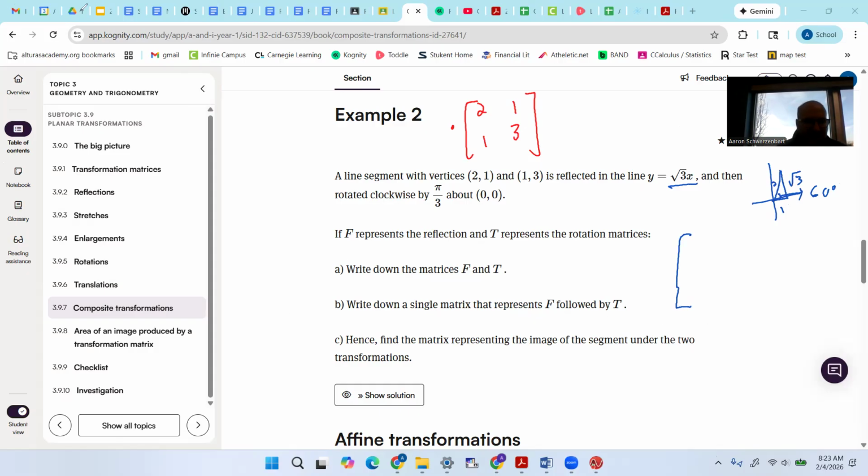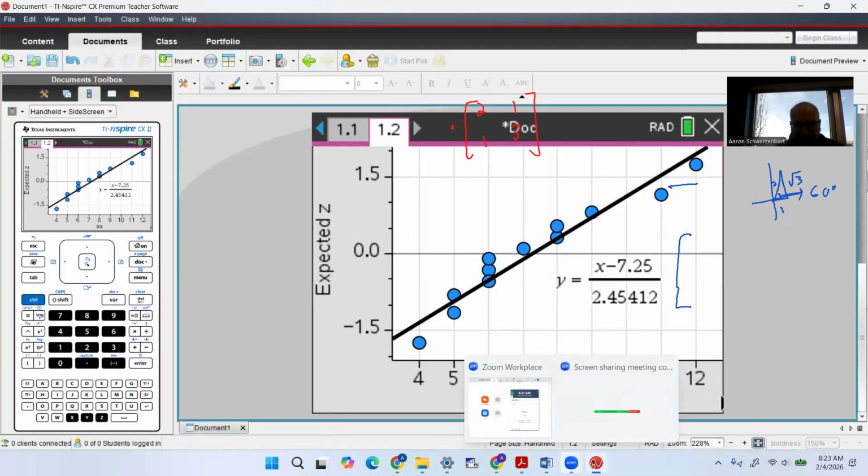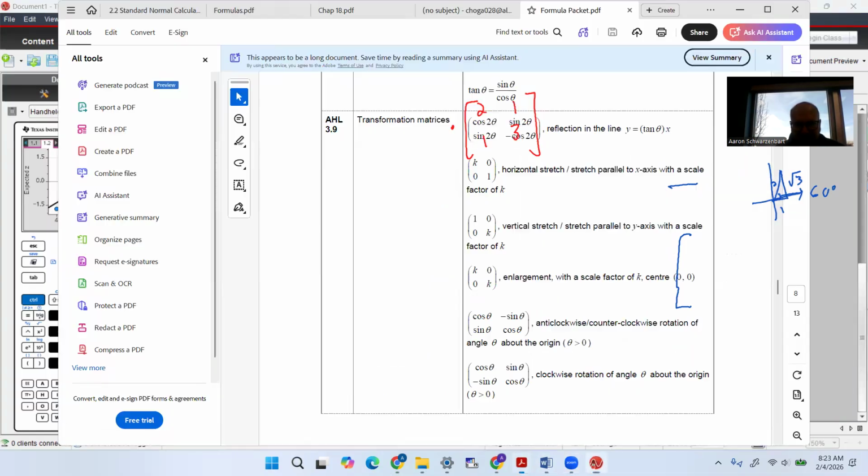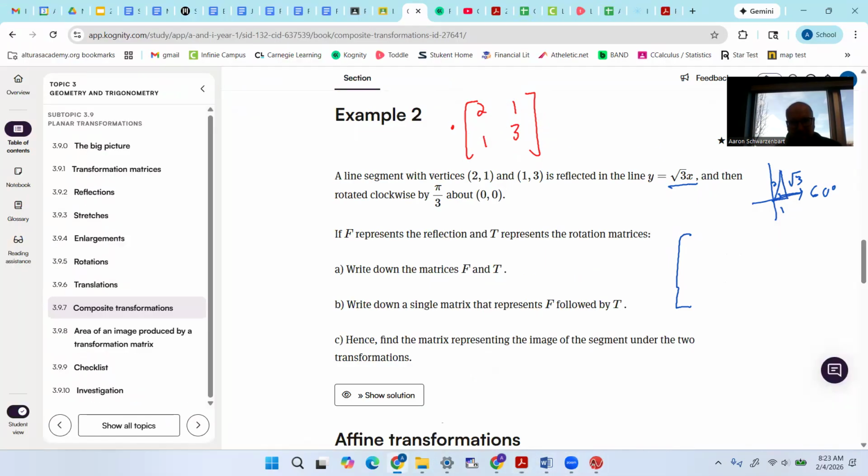I'm going to double check my formula packet, but I think it's cosine 2 theta. Yes. Cosine of 120, sine of 120, sine of 120, negative cosine.